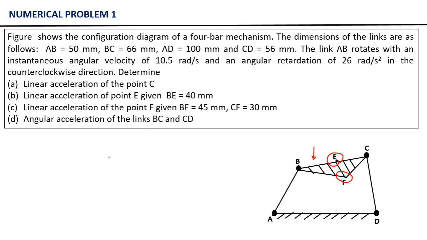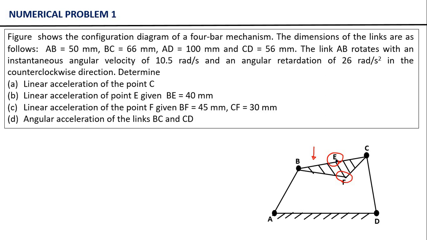Just to mention here that the Fourbar mechanism shown in the diagram is similar to the Fourbar mechanism we considered during the velocity analysis. Now let us see what the different steps for acceleration analysis in this Fourbar mechanism are.